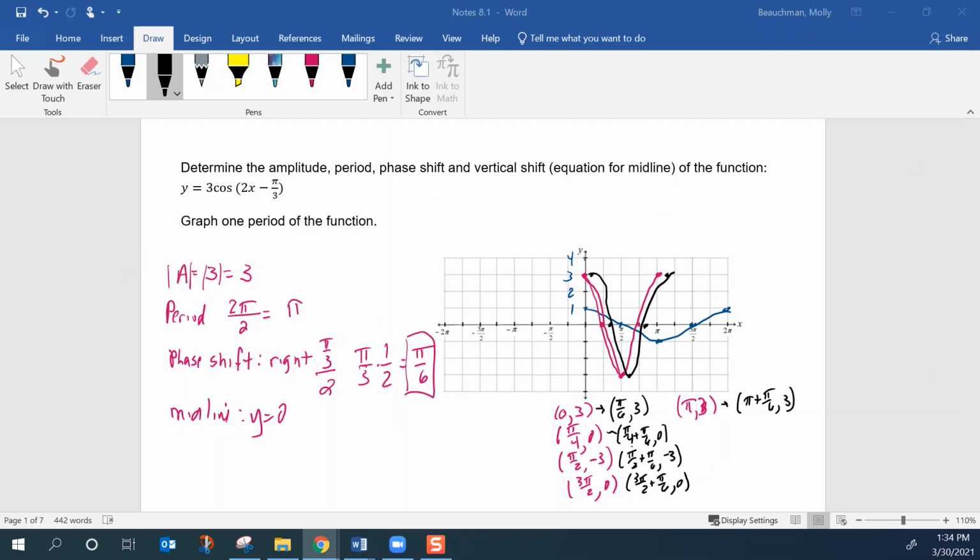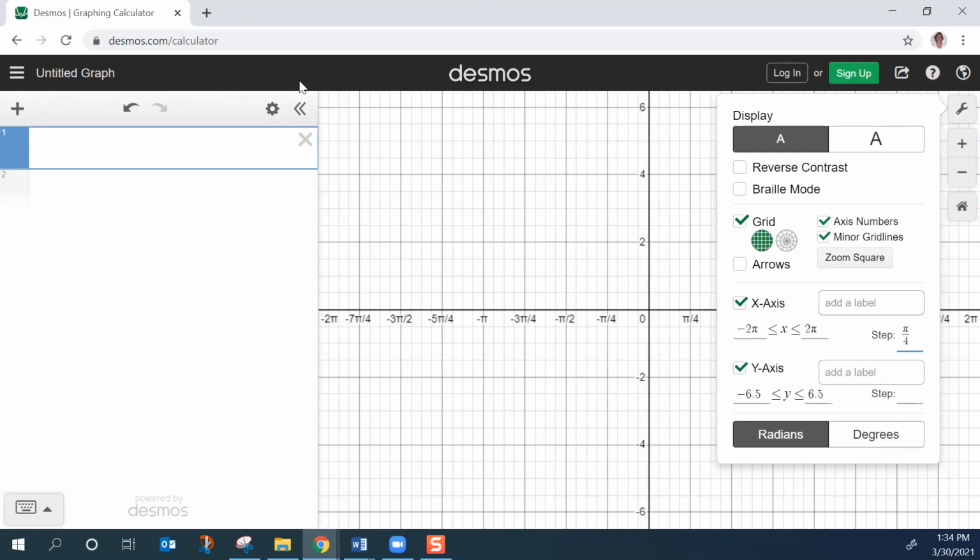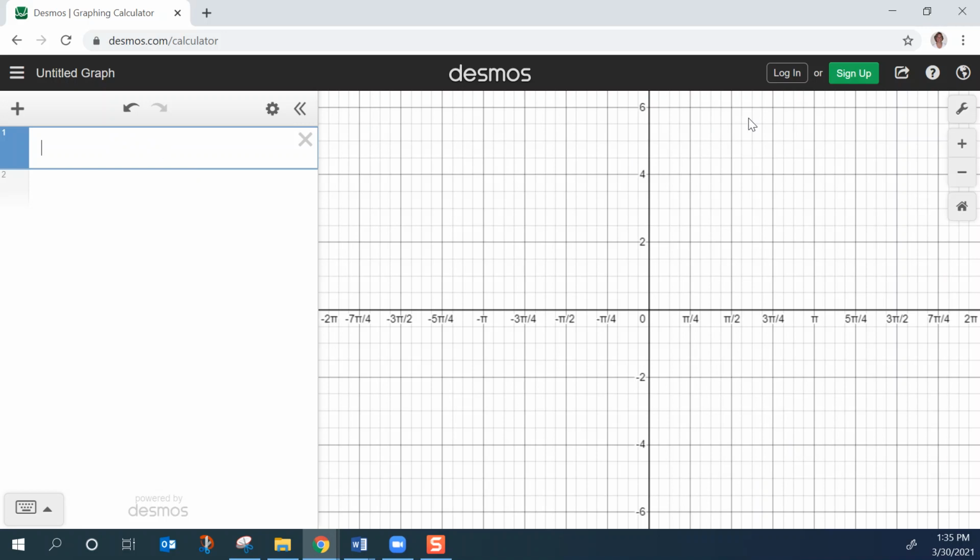All right, so how do we do this on Desmos? I'll show you one quick graphing on Desmos. You can select your graph settings and type in negative 2 pi to 2 pi, step pi over 4 or pi over 3 or pi over 6, whatever you prefer. And then you can type your function.